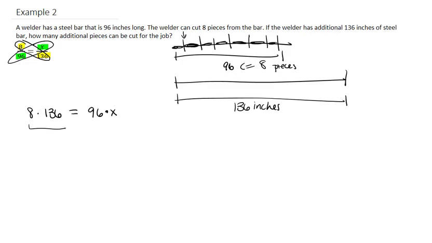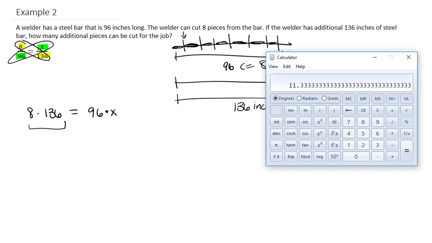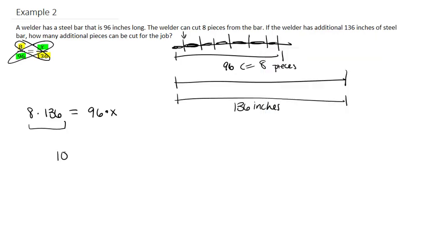What I would do next is multiply that out. 8 times 136 gives us 1,088. So 1,088 is equal to 96x. Then we divide by 96 on both sides. This gets rid of it on the right-hand side and we're left with x.